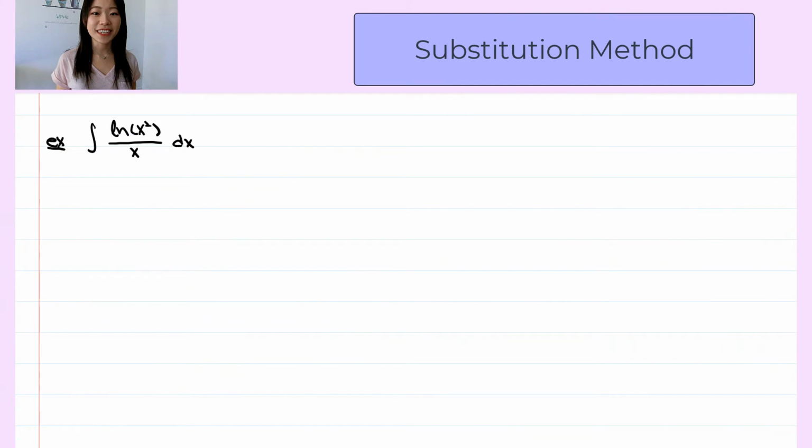Now let's look at this example. Integral of ln of x squared over x. Remember that the derivative of the ln function is 1 over x. So that is the hint to let u equal ln of x squared.